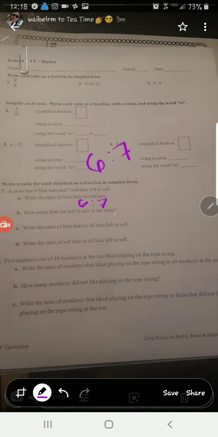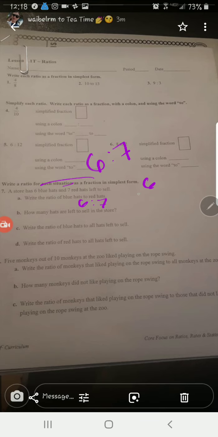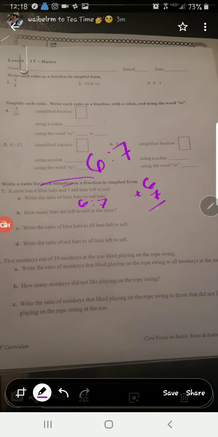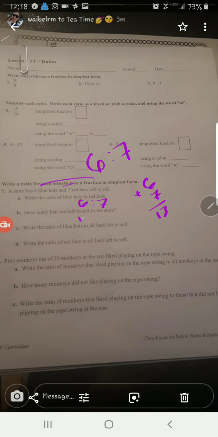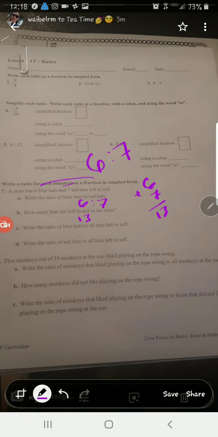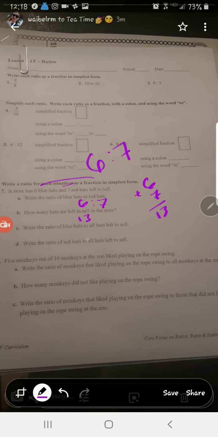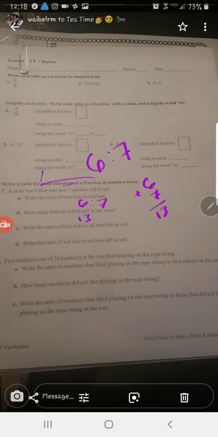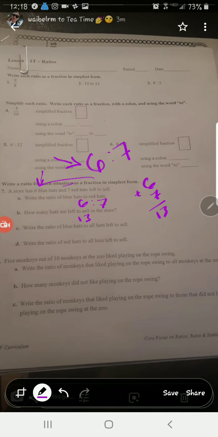How many hats are left to sell in the store? So altogether, those 6 hats and 7 hats added together make 13. Write the ratio of blue hats to all the hats left. So think about that. Blue hats is the 6, right? So what are we comparing here?